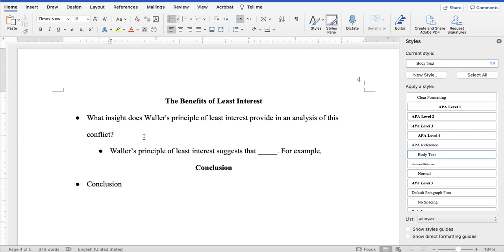Now, one way to indicate that you understand how something is applied here, when it's asking you to say what applying Waller's principle of least interest will give you in terms of insight: Waller's principle of least interest suggests, in your description, and one way to illustrate your understanding is to give examples.